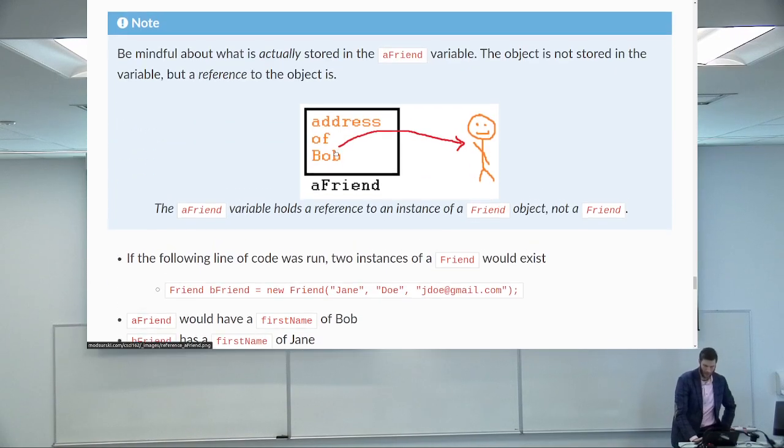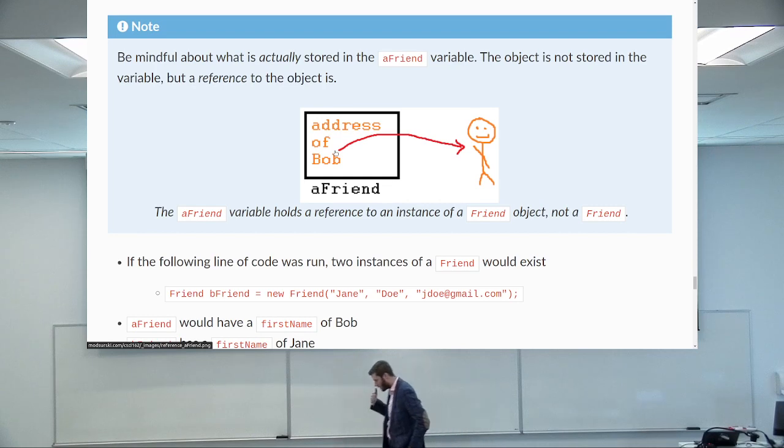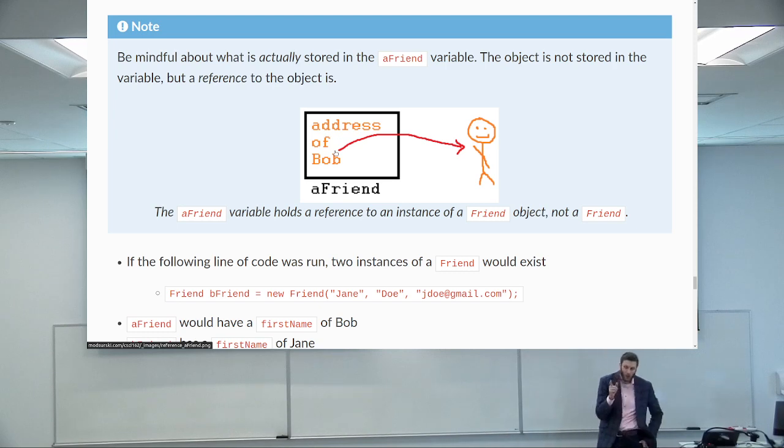Now, I will say, and this is a funny thing because I'm going to point this out because this is true. Be mindful of what's actually stored in the variable aFriend. We have an object here, right? The object is not stored in the variable aFriend. A reference to that object is. Something like this picture.